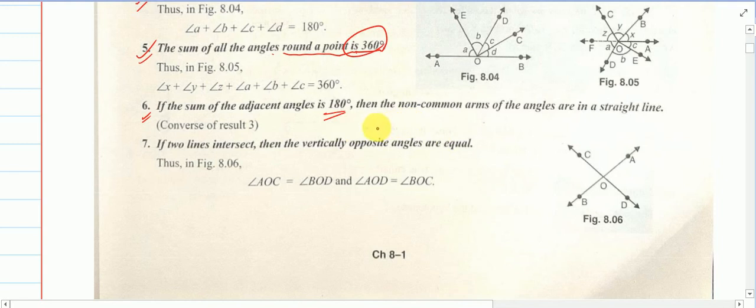So here they are trying to say that right now I don't know whether this line is a straight line or not, and let's say this is angle X and this is angle Y. If it happens to be X plus Y equal to 180 degrees, if the sum of X and Y comes to 180 degrees, then it implies that this line is a straight line.